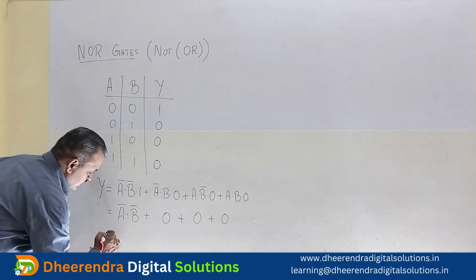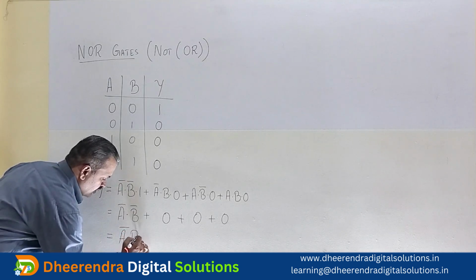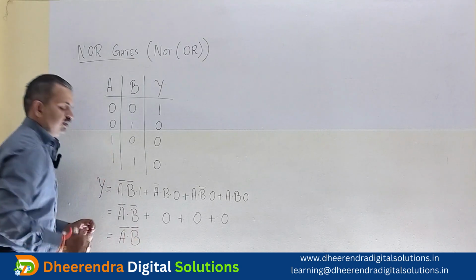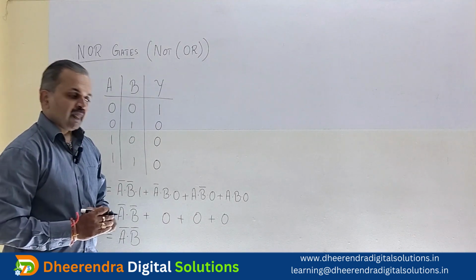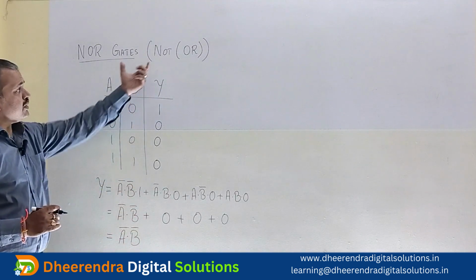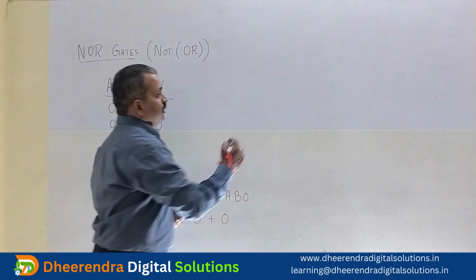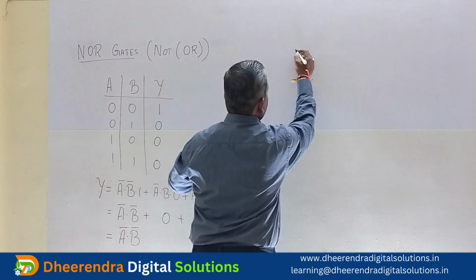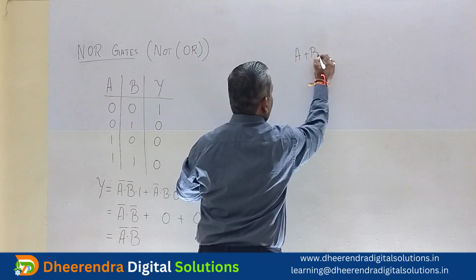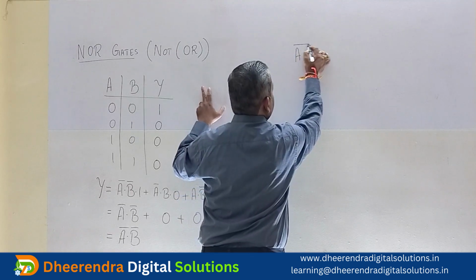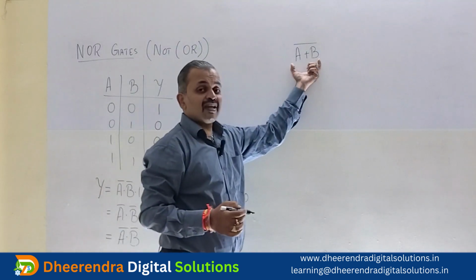So if I simplify this, I end up with the equation A bar dot B bar, or A bar B bar in general. Now by the definition of the gate, this is not matching. By the definition, we have A plus B, which represents OR, and we have complemented the result of the OR. So this is my NOR.